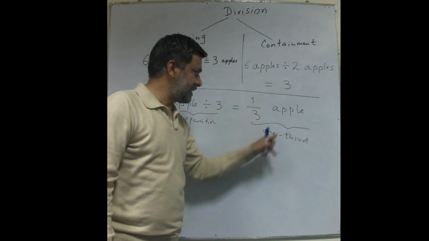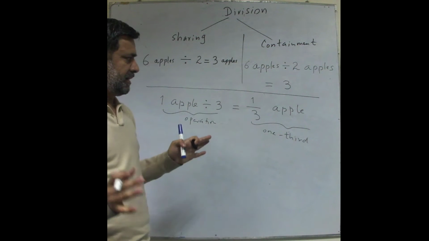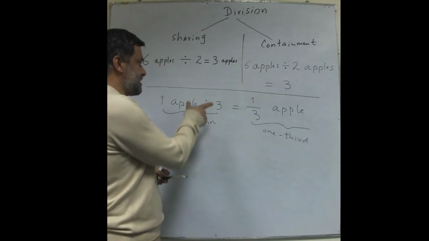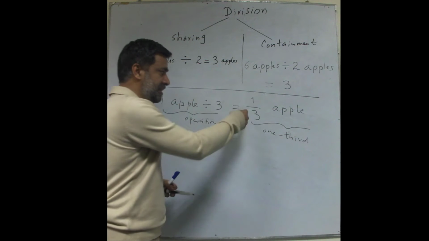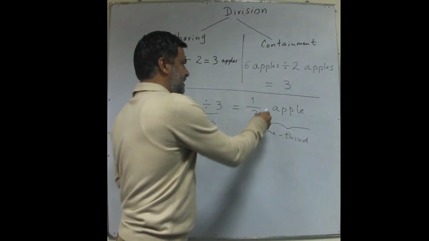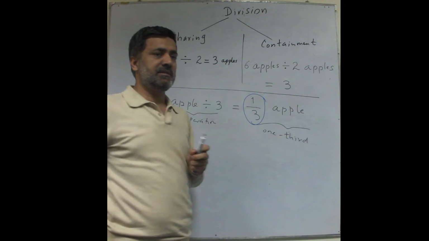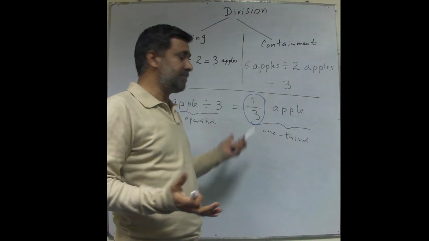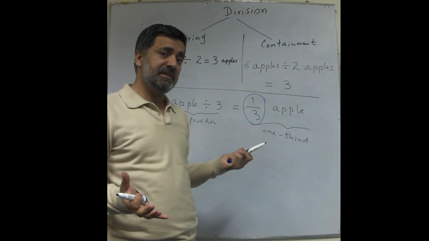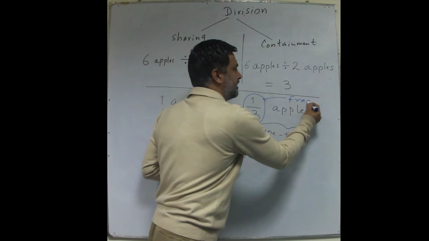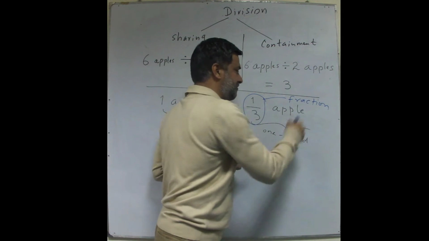And this leads to a new concept, because we need to distinguish between this operation and the result of this operation. And here is a name for this result. In a way we have discovered a new number. It's not an integer. It's a fraction, you can call it. It is a fraction of a number.